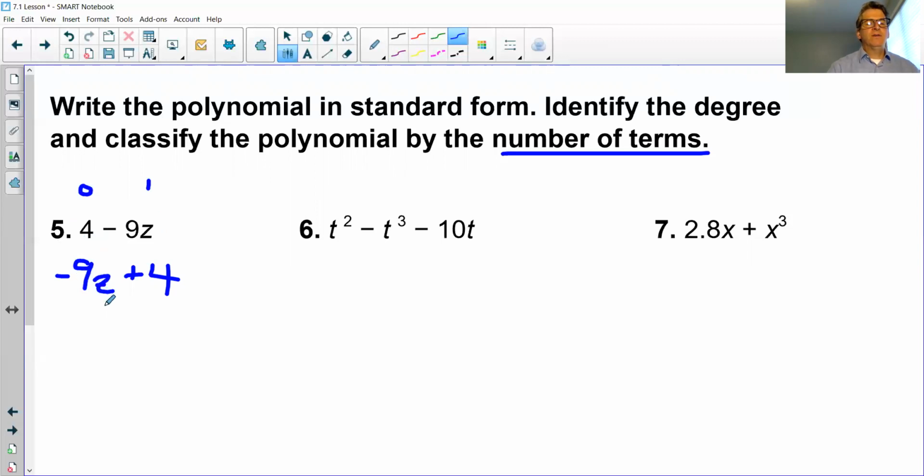Then I'm going to determine the degree. Well, it's the highest degree, which is going to be 1. I'll circle that. And then I'm also going to call it a binomial. It has 2 terms, negative 9z and 4, so it's called a binomial.